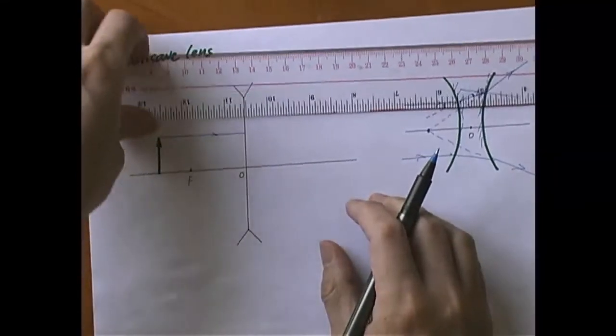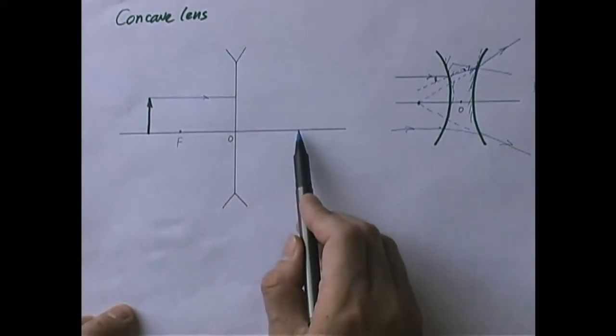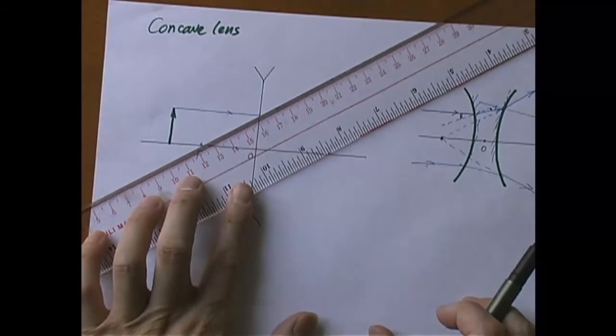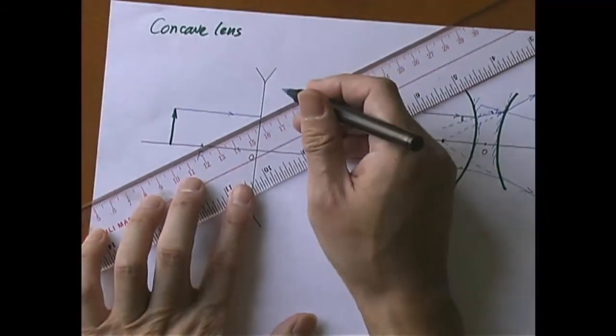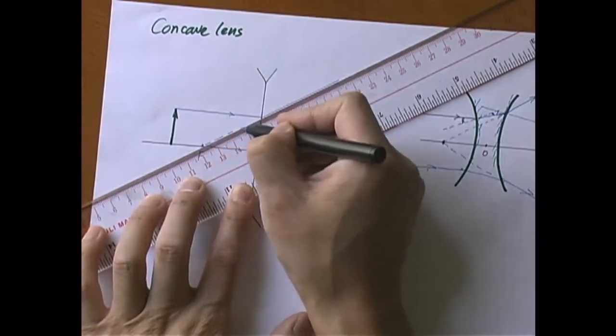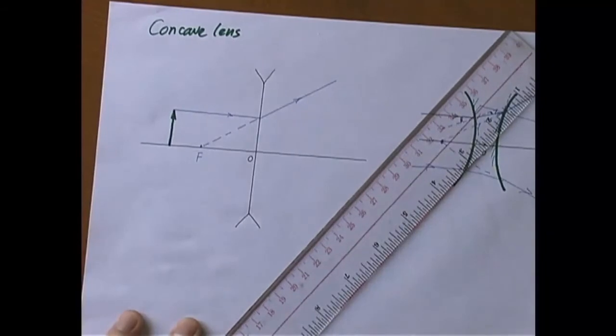What's going to happen? Well, if it's a convergent lens, you know what's going to happen, right? It's going to converge at the real focal point. But here, it's the other way around. It's going to diverge like this. But if you extend this line backwards, it's going to go through the so-called virtual focal point. So it's like this. That's light ray number one.